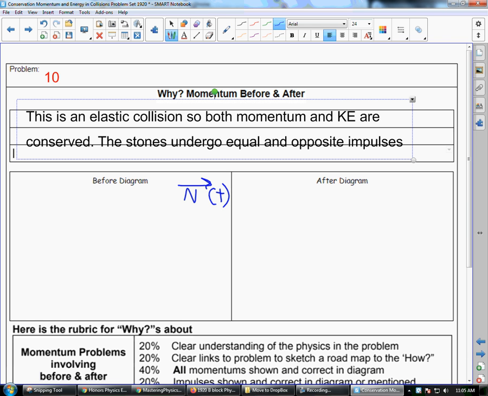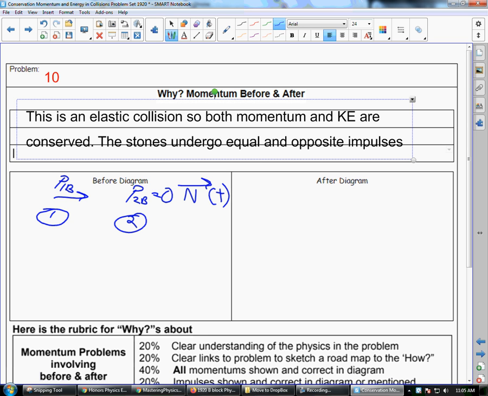So I know that makes you guys happy. All right. So we've got stone number 1, and it has momentum 1 before. And then we have stone number 2, and stone number 2 has momentum before equal to 0. Right? Good.